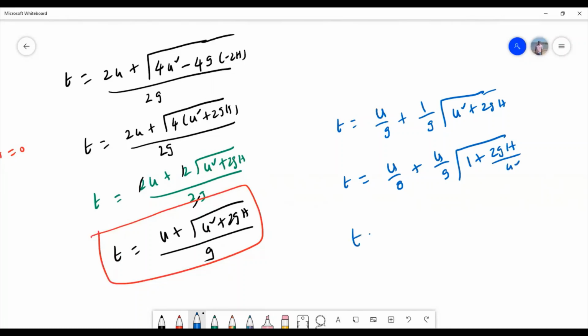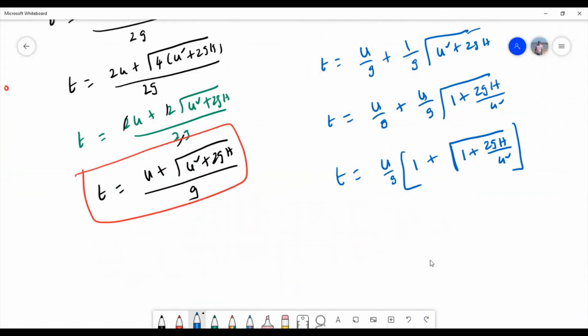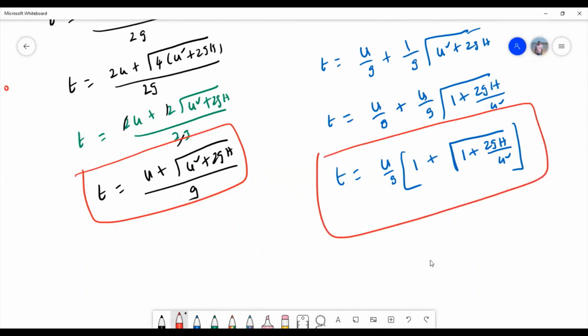So overall, if I take u by g common, T is u by g times 1 plus the square root of 1 plus 2gh upon u square. Sometimes the same question will be given in exam like this. For a vertically projected body, the time of flight can also be expressed like this, instead of giving it in the earlier form.